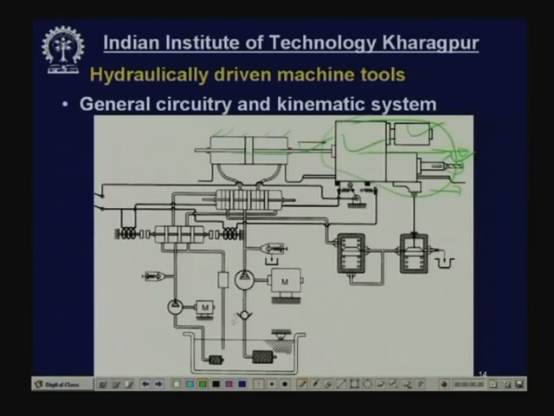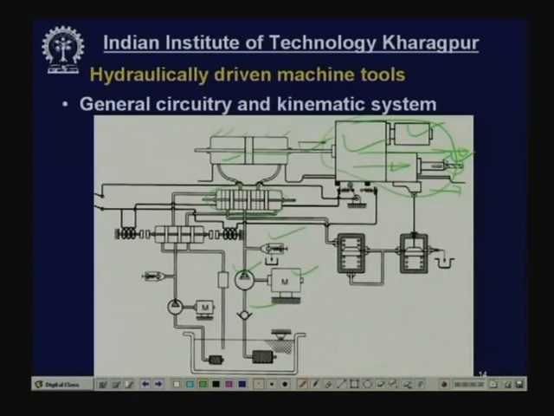Oil is pumped by a pump driven by a motor through a foot valve and screen. There is a relief valve to control the pressure. It goes through the direction control valve into this chamber. So, when the pressure rises here and the entrapped oil here goes out through the exit, this will move forward, the feed motion. How long will it go?